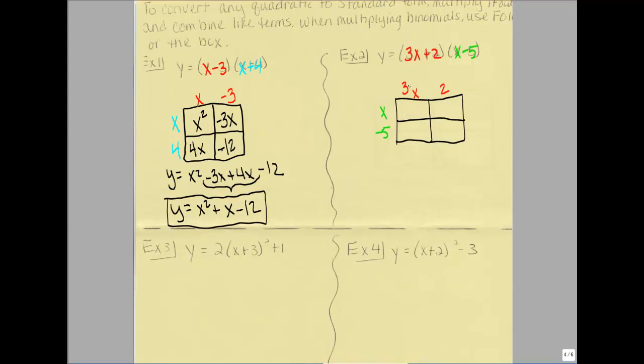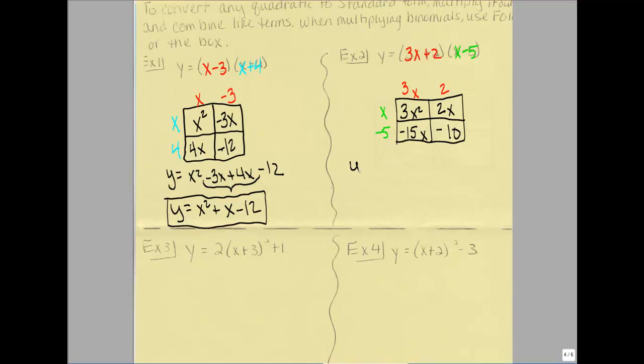All right, what is 3x times x? Just 3x squared. What is x times 2? 2x. What is 3x times negative 5? Negative 15x. And what is negative 5 times 2? Negative 10.